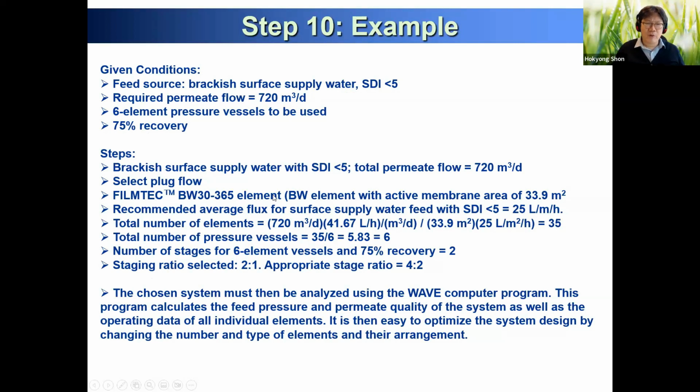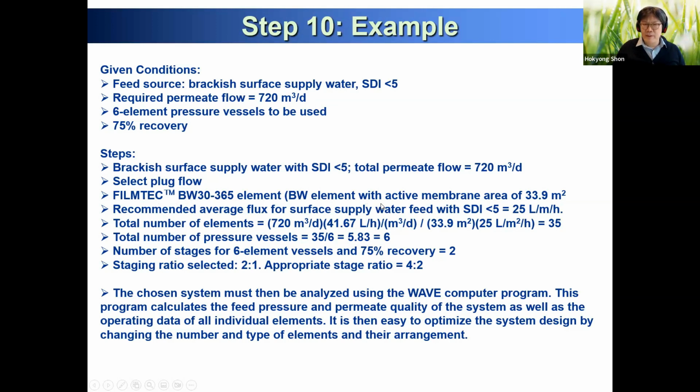What's the flow rate? What's the quality? The SDI is less than 5 because of the surface supply water. The total volume is 720 cubic meters per day. So we will go for a plug flow system. Also for the membrane, we would like to have a BW30.